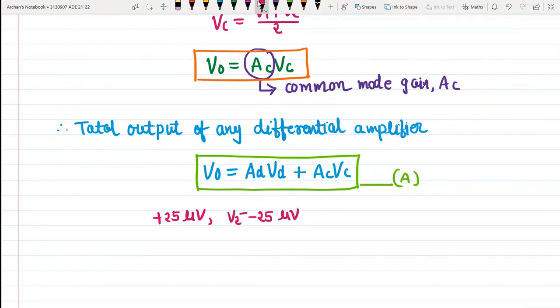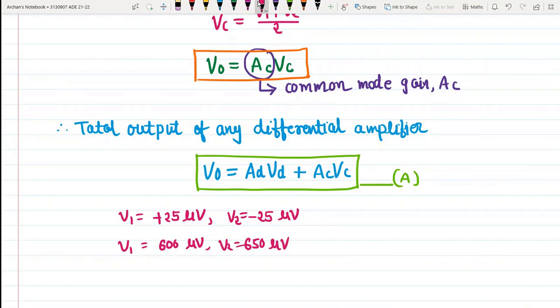Okay, this is my V2 and this one is V1. Then what will be the output? The output of the amplifier will not be the same as with the inputs such as 600 microvolt and 650 microvolt. Right?